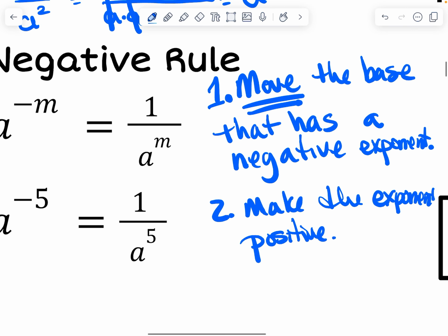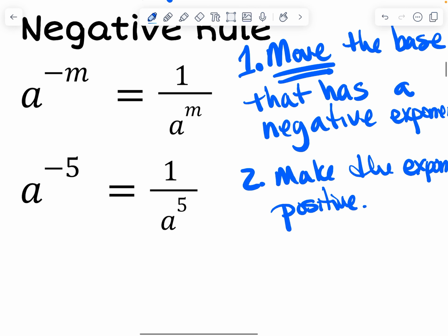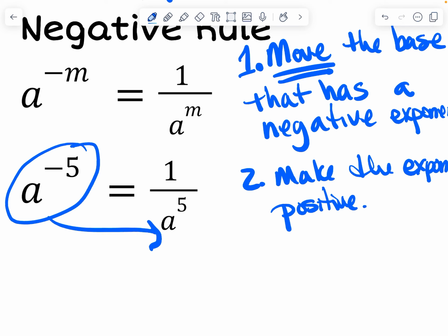Now, could I have moved this over a little? Yes. So all we do, right now it's in the numerator, it moves down to the denominator and you make it positive. That's it.